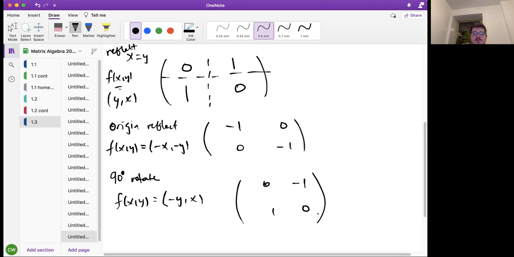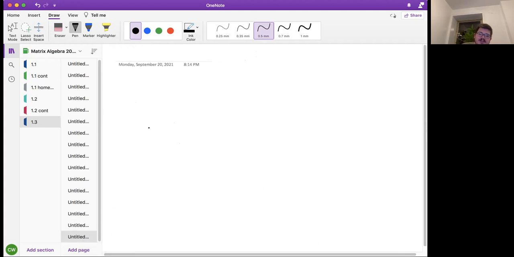Okay, we're pretty much out of time, but to get you started thinking about matrix multiplication, let's think about function composition.